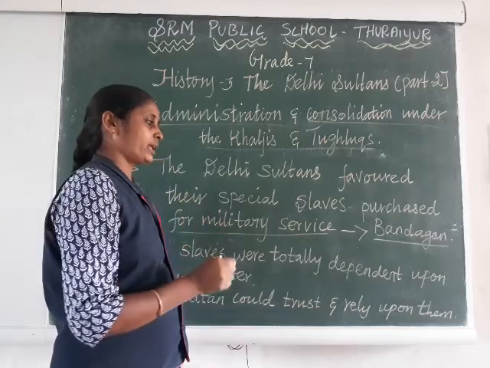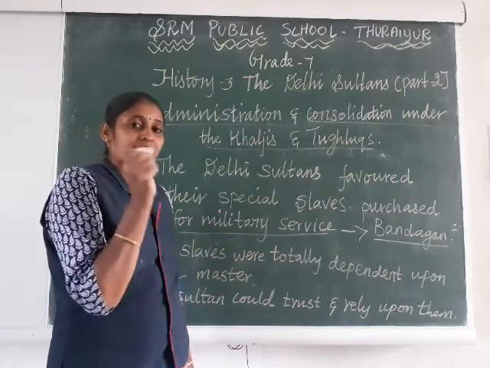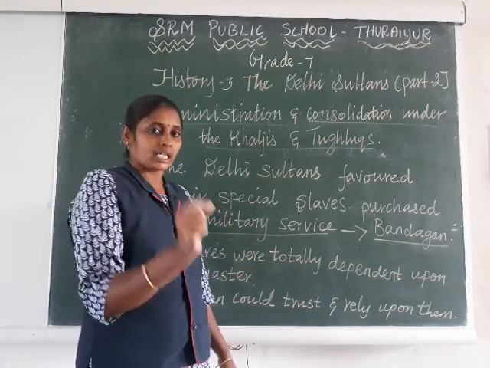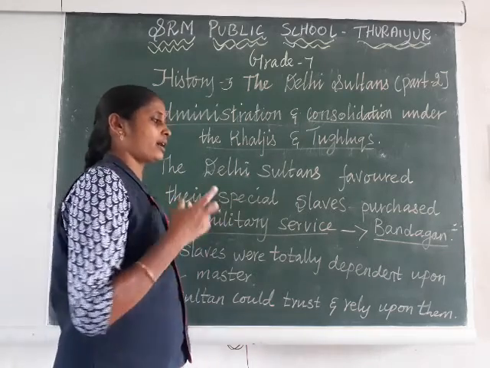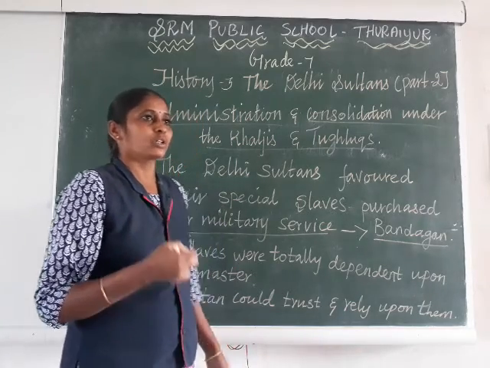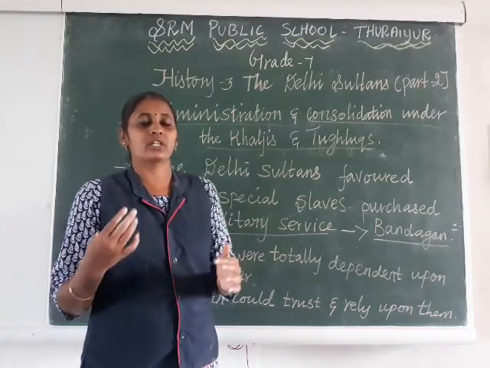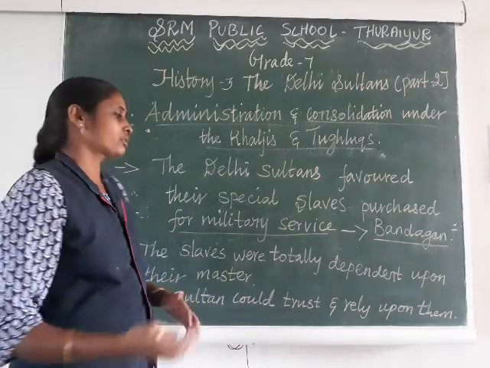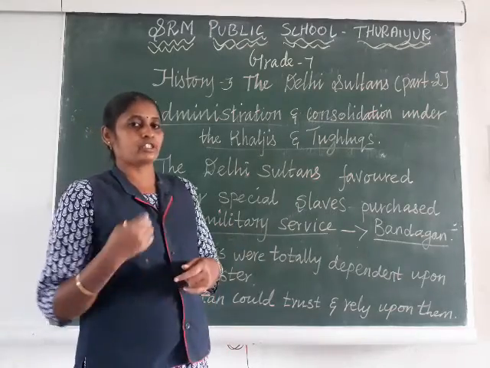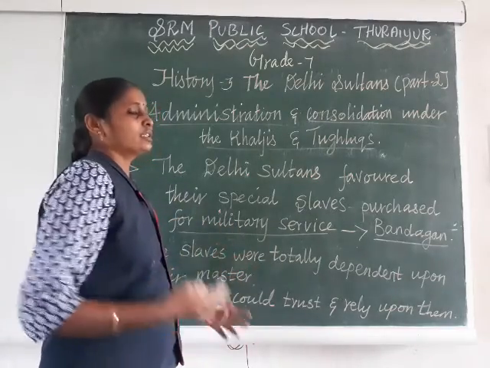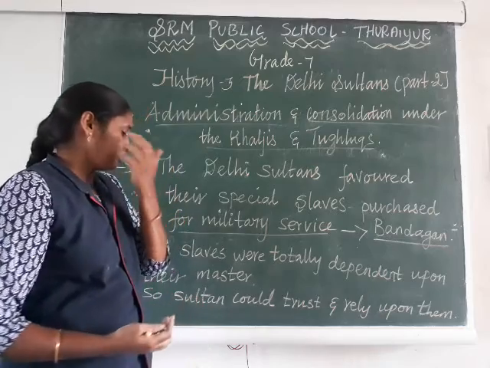What is the meaning of pentagon? It means a specially trained slave. It is a Persian word. These slaves were specially purchased to do service in the military, and they got training for that work.